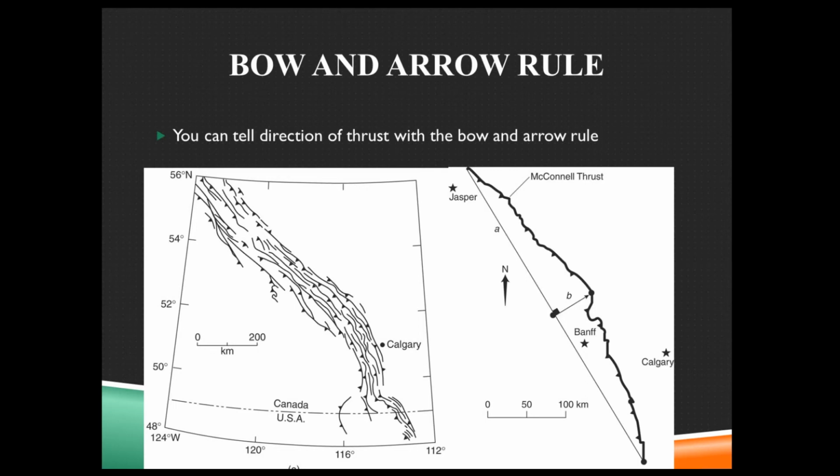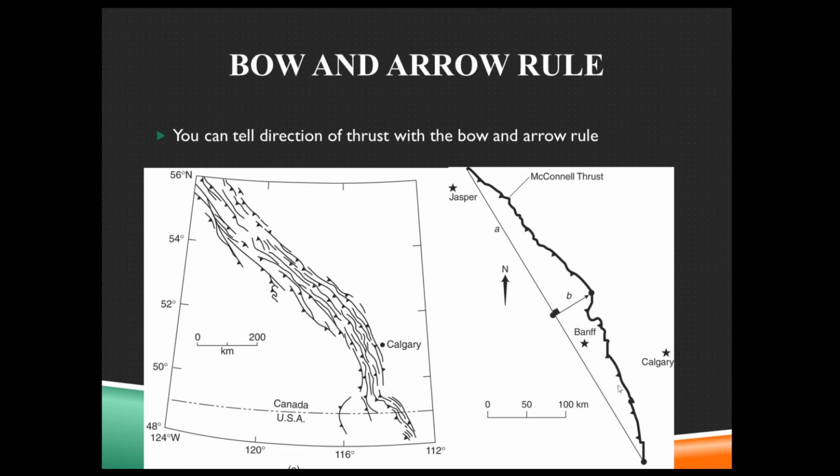We call this the bow and arrow rule. If you connect a straight line from one end of the thrust fold belt to the other end, it creates a kind of bow and arrow look, where you have this curved trace of the thrust fold belt, and then your straight line, like we see over here on the right.